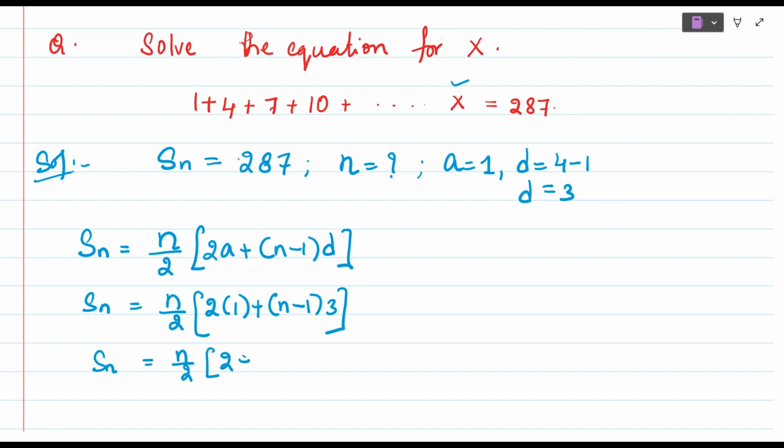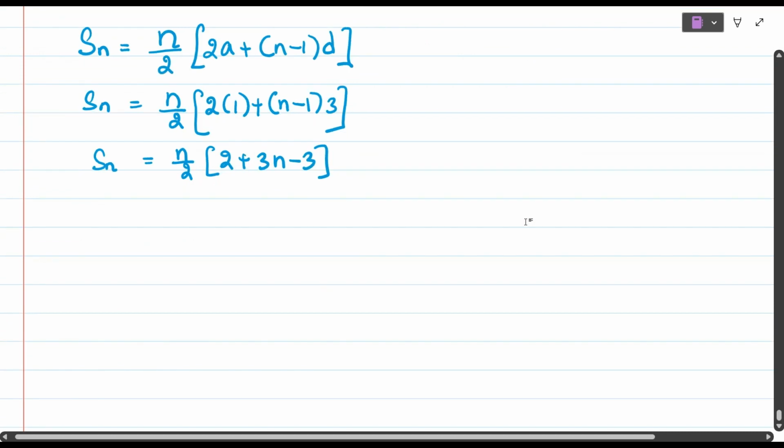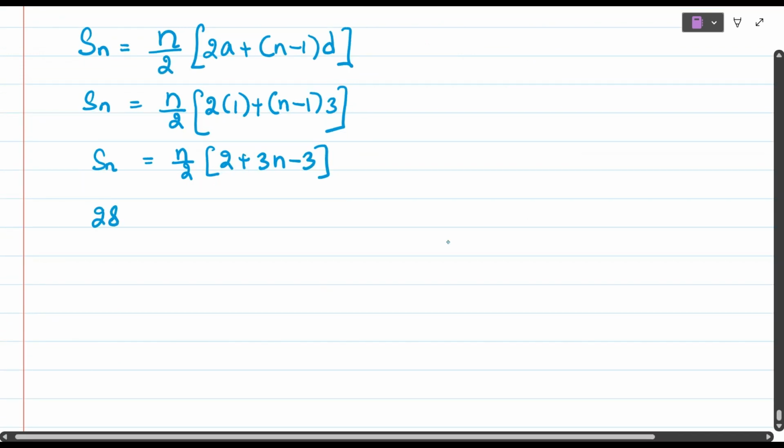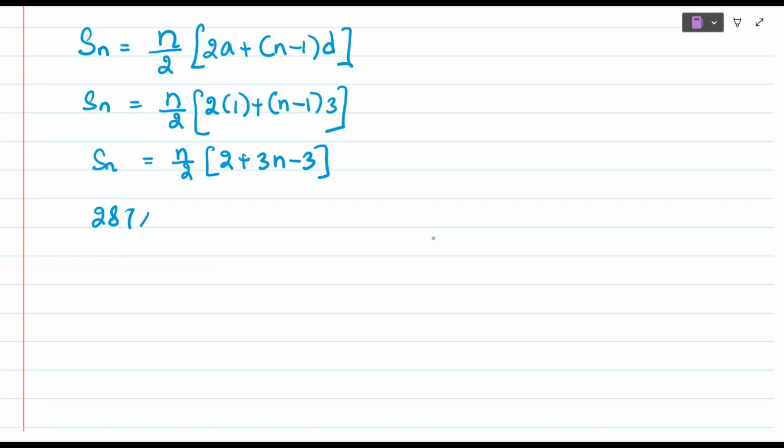You can apply this: 2 plus 3n minus 3. So 287 into 2 is equal to n into 3n minus 1. Distribute here, students.